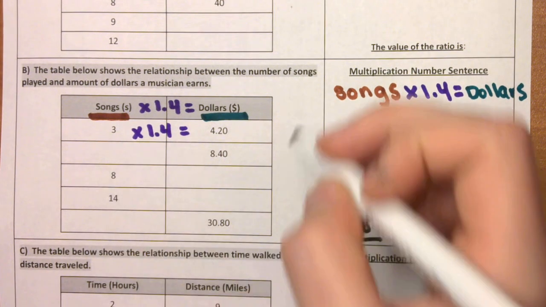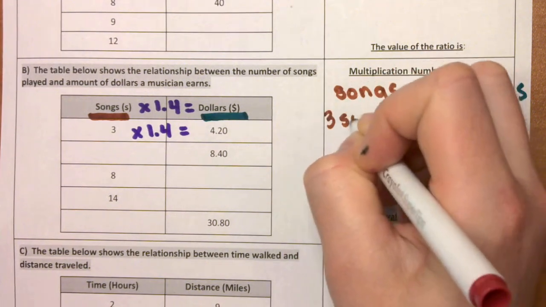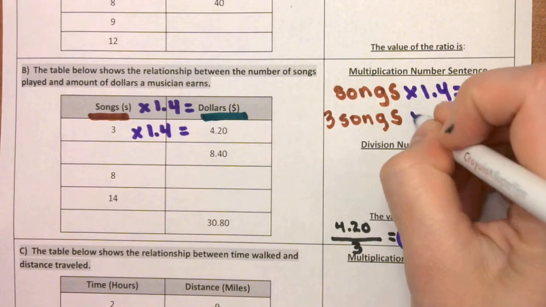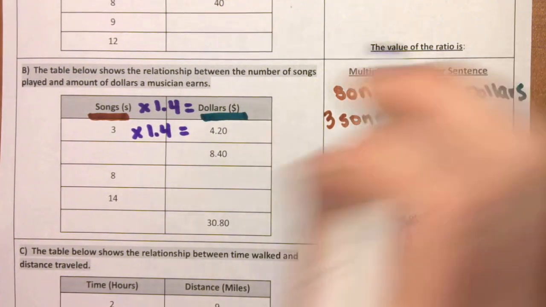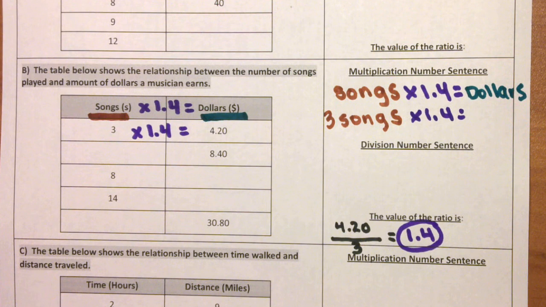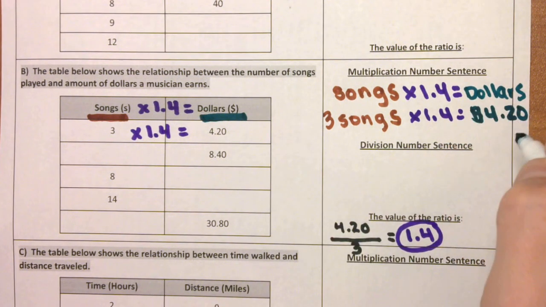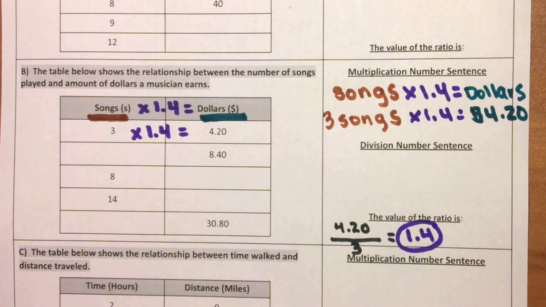Since we already have this one filled in, we can write 3 songs times 1 4/10 equals $4.20. Remember, pause the video if you need more time.